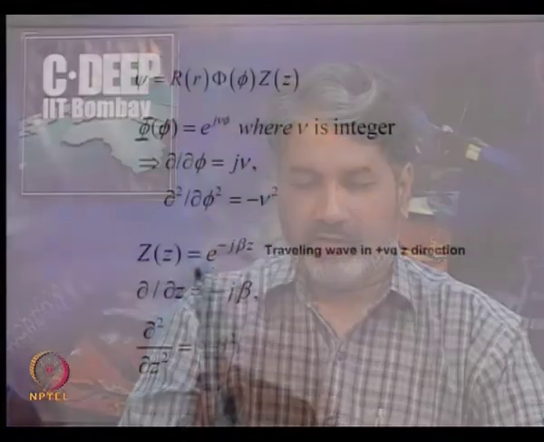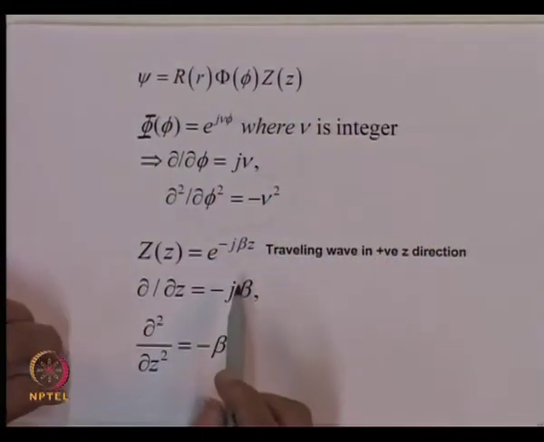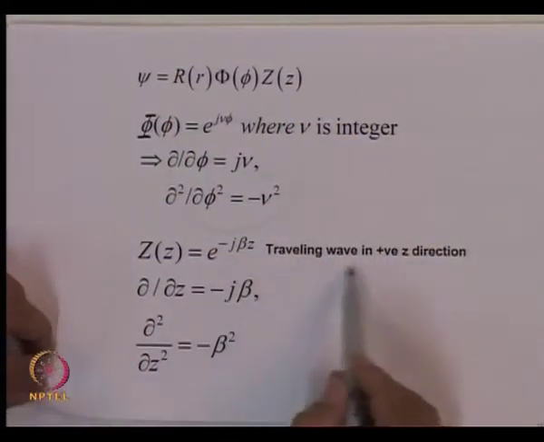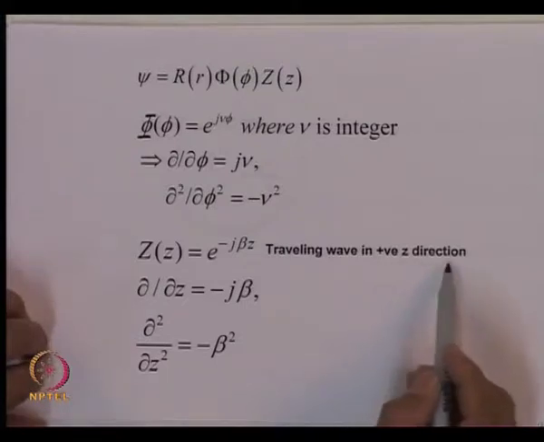So, as we saw in earlier lectures, a quantity e to the power j omega t minus j beta z gives you essentially a wave phenomenon travelling in z direction. So, a functional form of e to the power minus j beta z represents a travelling wave in the positive z direction.